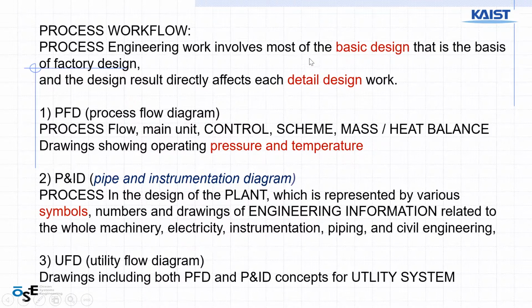Our work involves most of the basic design, the design basis, basis of factory design, and the design result directly affects the detailed design in later stage. So PFD, the process flow diagram, P&ID, piping and instrumentation diagram, and utility flow diagram are important and baseline for further activity.